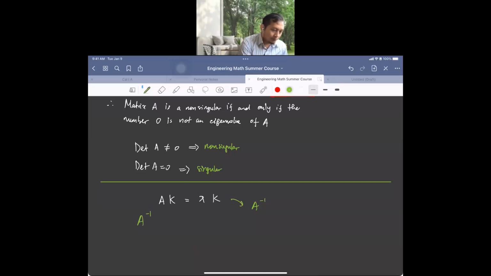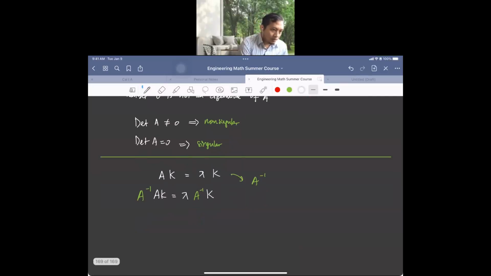So this is A inverse A k. Since an eigenvalue is just a scalar, this will be identity k, and this will be lambda A inverse k. And since lambda is just a scalar, we can divide by lambda, so A inverse k is 1 over lambda k.